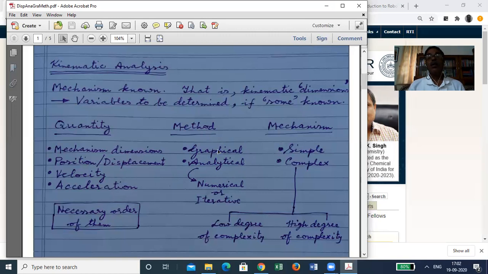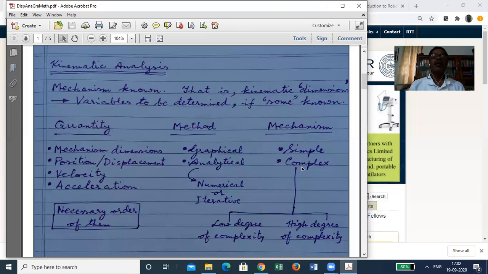Now, when graphical methods will succeed, to what extent it will succeed and so on, depend to an extent on the mechanism and to an extent also on these known quantities, which quantities are known. And you classify mechanisms as simple and complex.